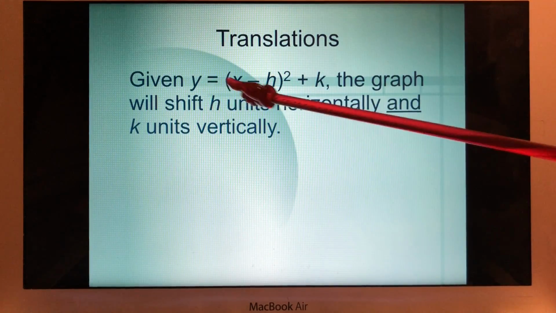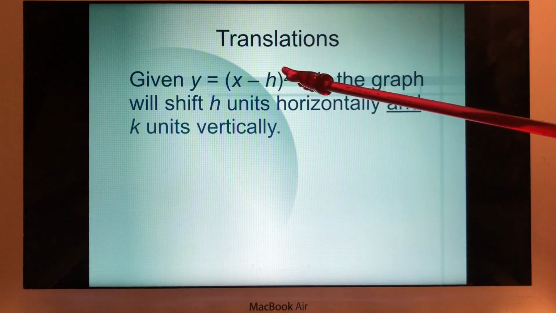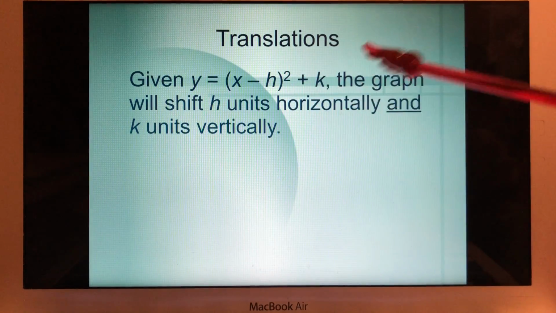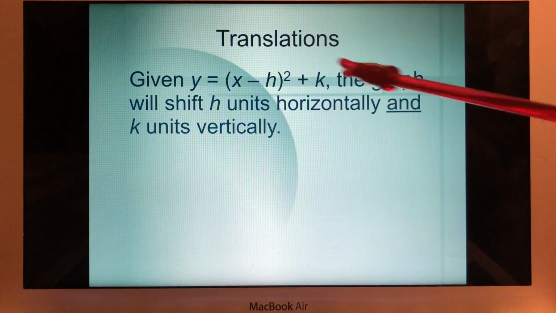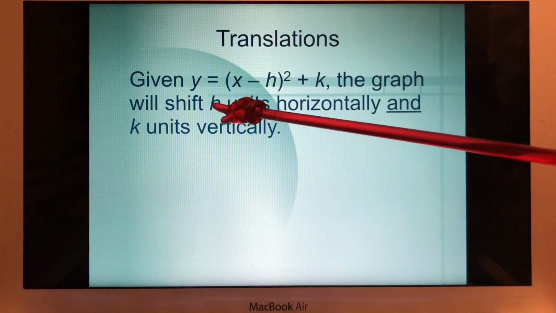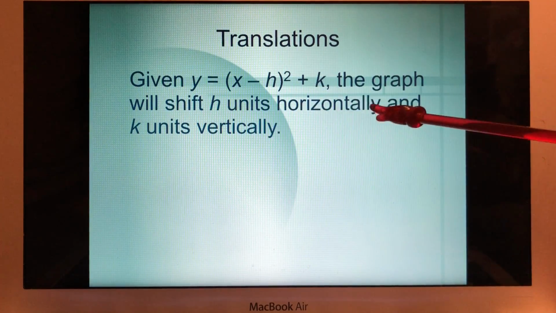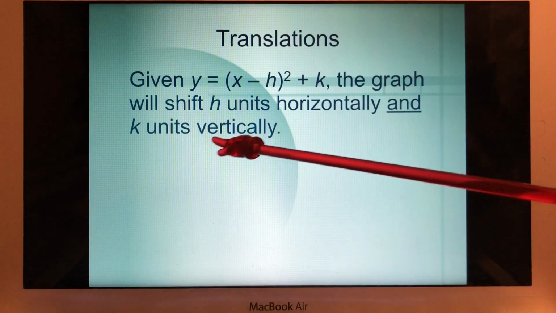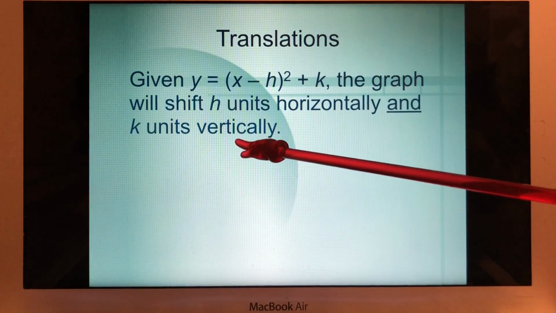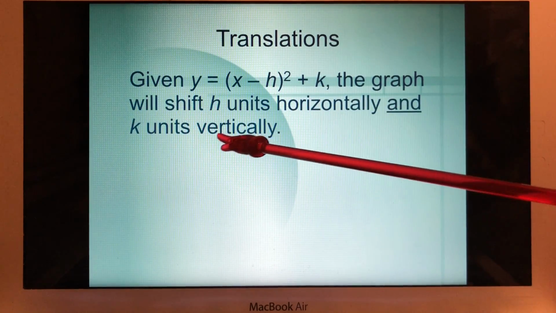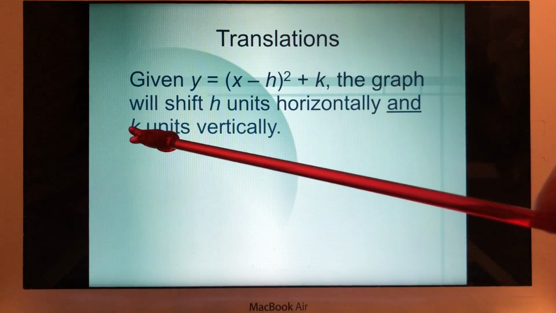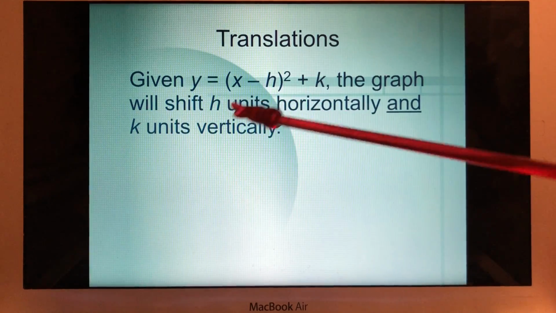Given y equals x minus h, the quantity squared, plus k, then your graph will shift. So h is for horizontal. Oh, you can remember that. H horizontally, k vertically, okay? The k sound, vertical and k, okay?